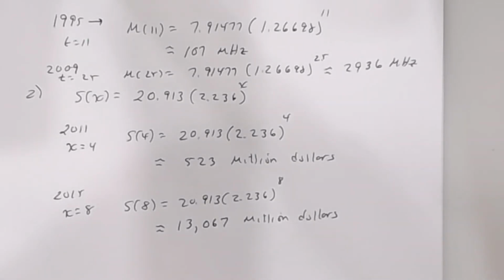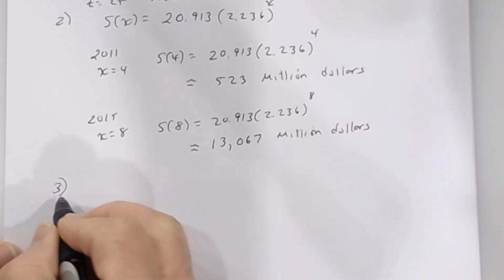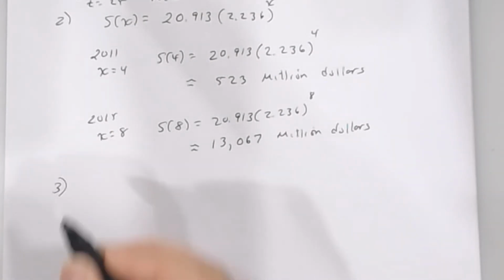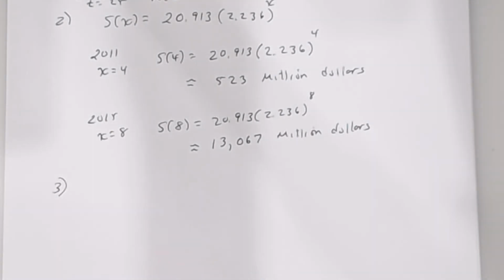All right, and then number 3. So Skype concurrent users. The number of concurrent users of Skype has increased dramatically since 2004. By 2013, Skype could connect concurrently 70 million users online.